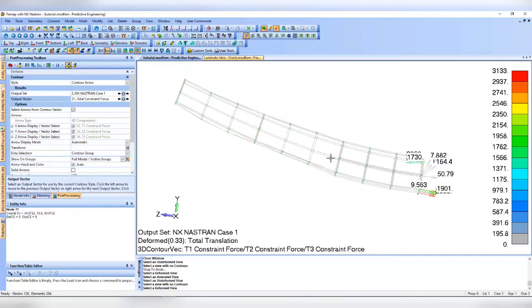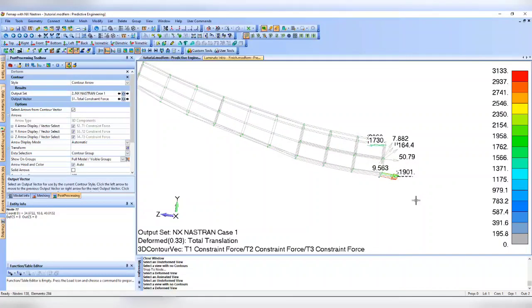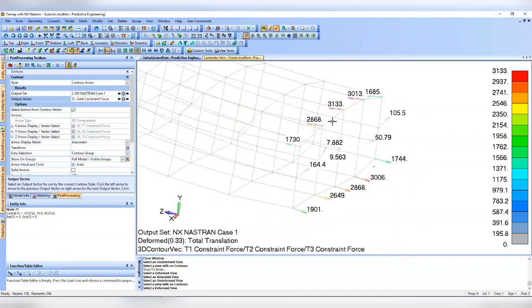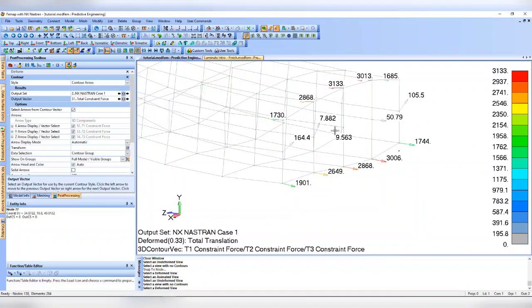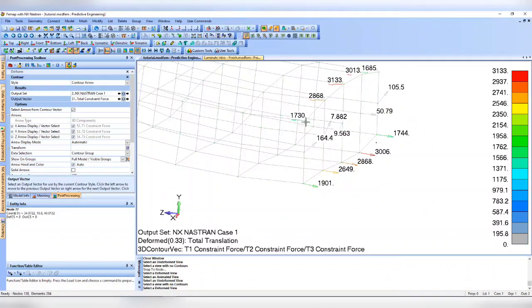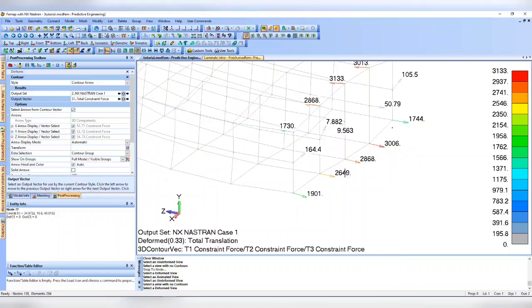Just imagine a cantilever beam where you apply loading here and fix it here, so you have a compressive state on this end and a tension state on this end. That's what this free body diagram is telling you: it's reacting compressive load up here and tension load down here. It's also telling you that these middle nodes aren't reacting as much. It's really these top and bottom reaction forces that are reacting most of it.